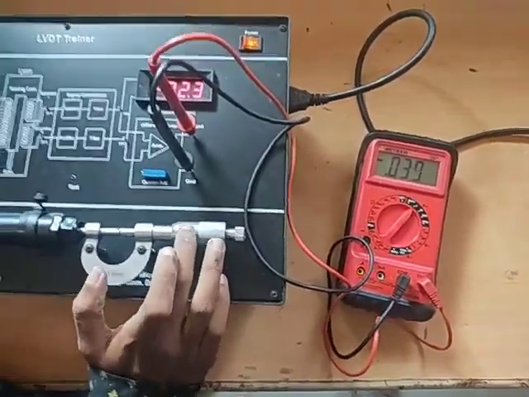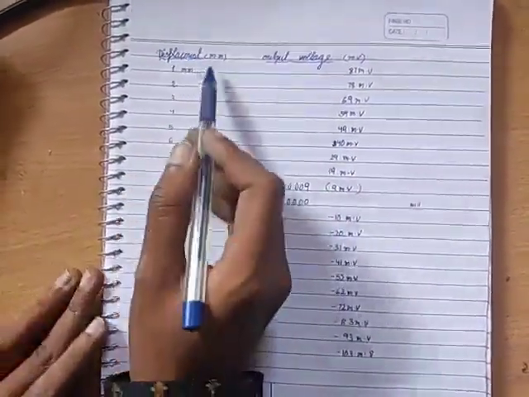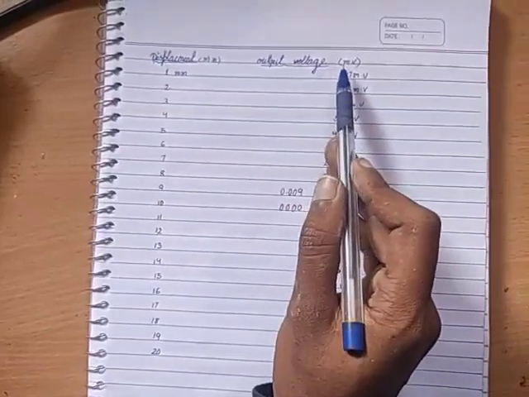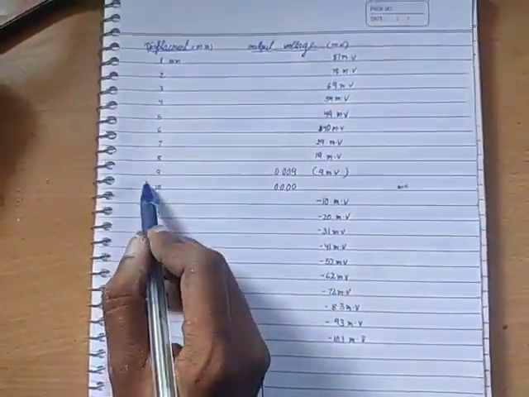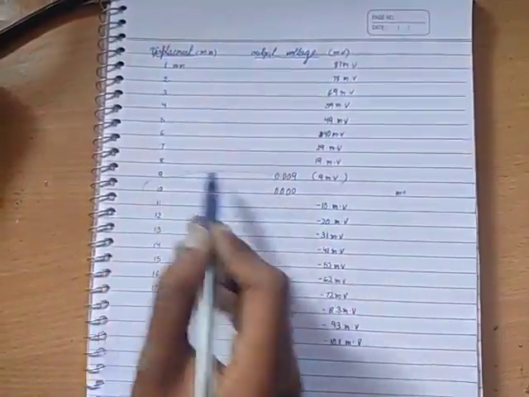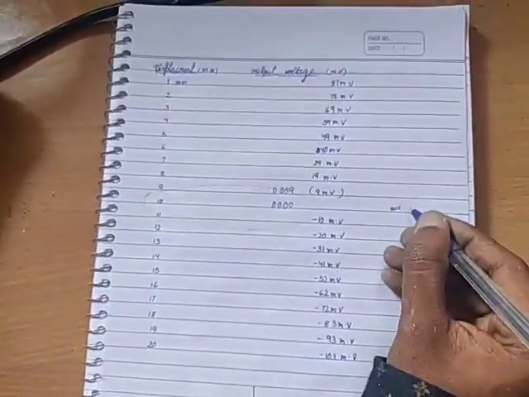This is our observation. We take displacement in millimeters and the output voltage in millivolts. This is our experiment. At 10 we get minus 0.4 millivolt. This is your null position.